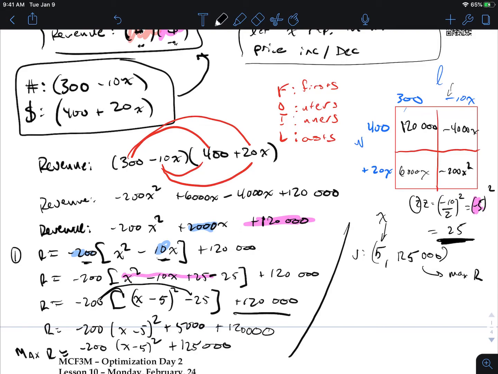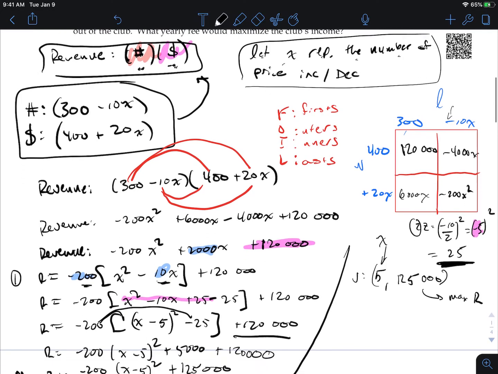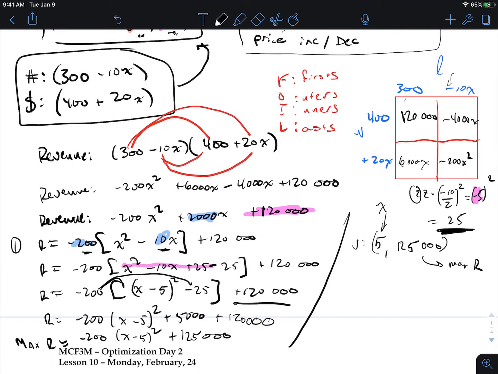Right. So x is along the x-axis, which we said in our let statement: let x represent the number of price increases or decreases. That means I had 5 $20 increases, which means I increased the price $100, right? But how much was it originally?